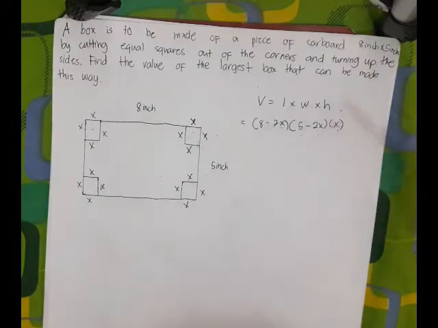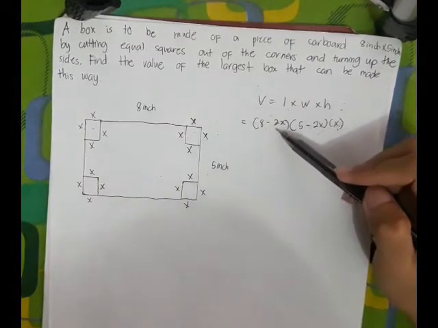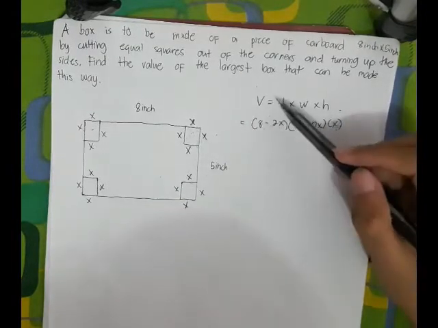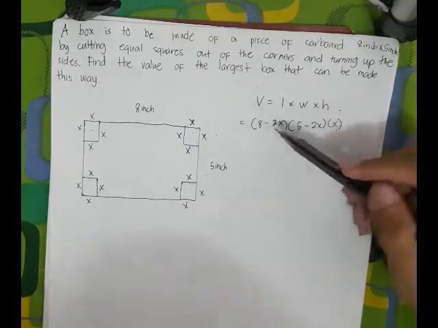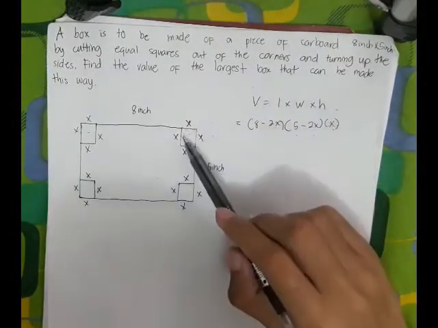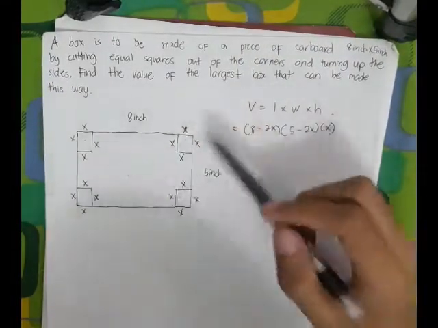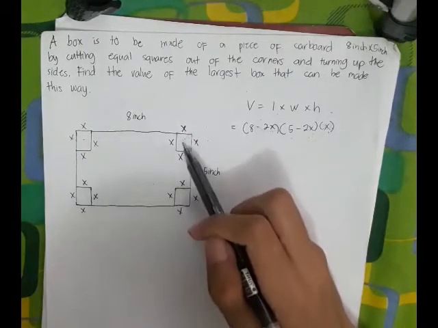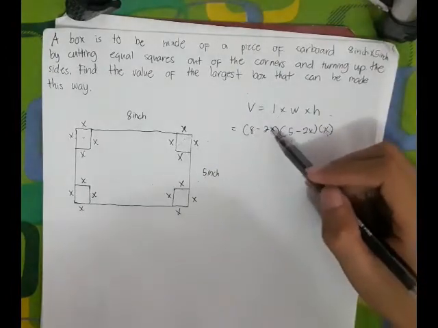The formula for the volume of a box is volume equals length times width times height. The length is 8 minus 2x, because the length of the cardboard is 8 inch minus the cut equal squares in the corners, which we let x represent, so it will generate 8 minus 2x.